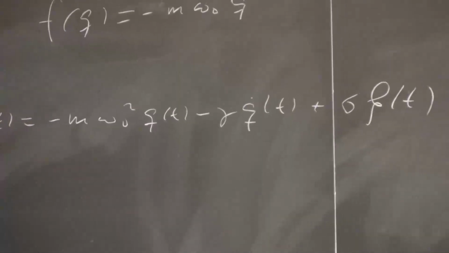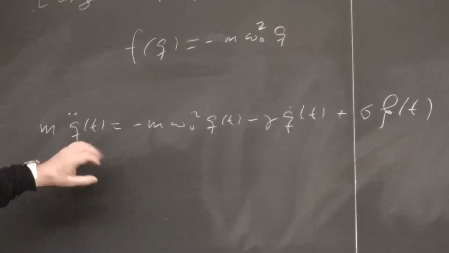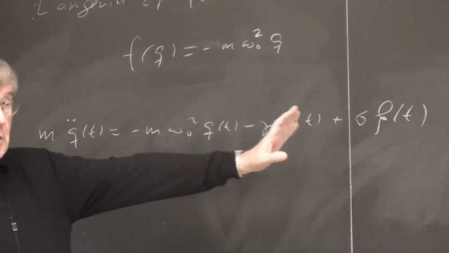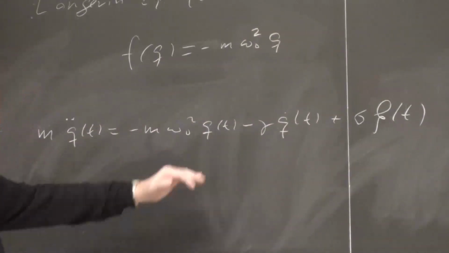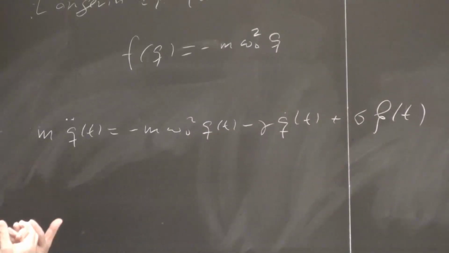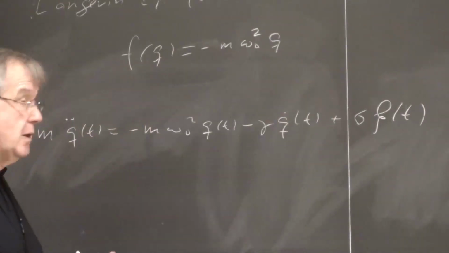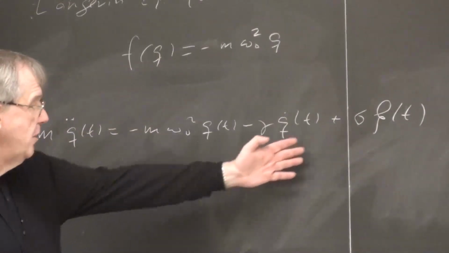And now this is an equation where the left-hand side is determined by what's on the right-hand side. And on the right-hand side, we have the independent variable q. Then when we know q, of course, we know also then the velocity q dot. And so it's all very deterministic here.